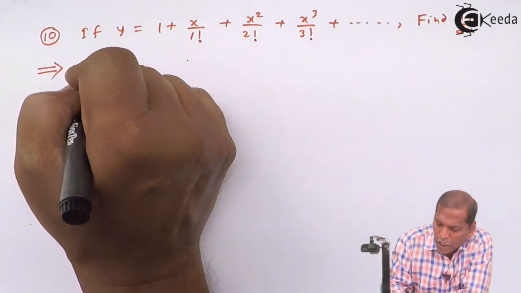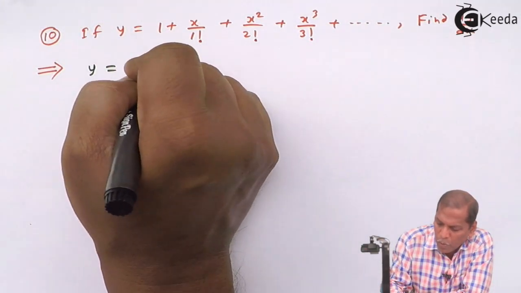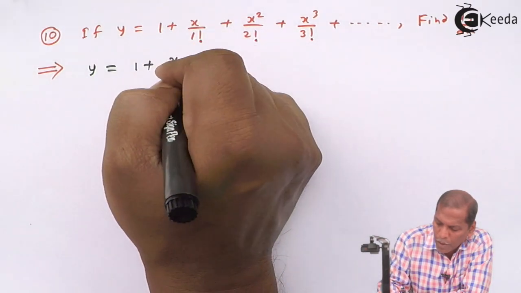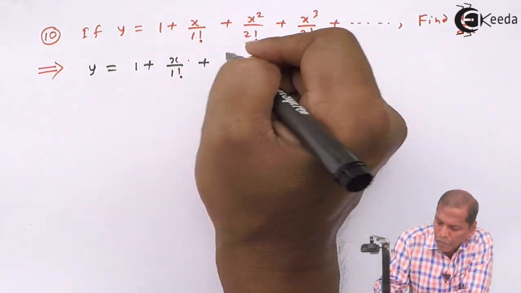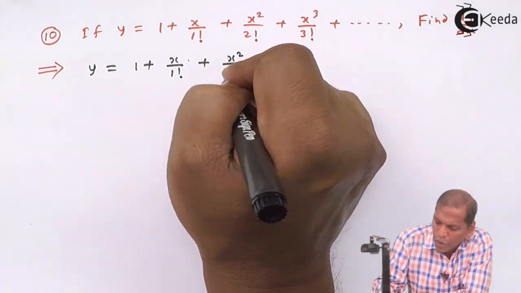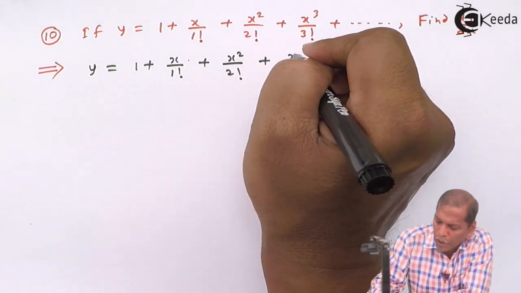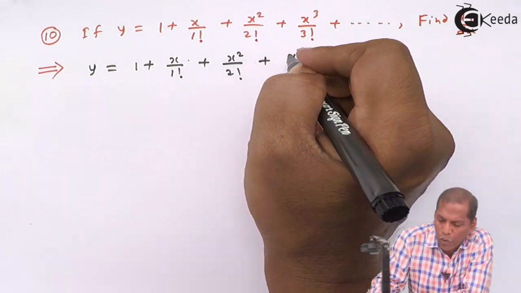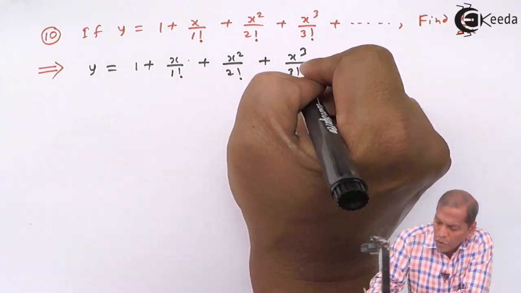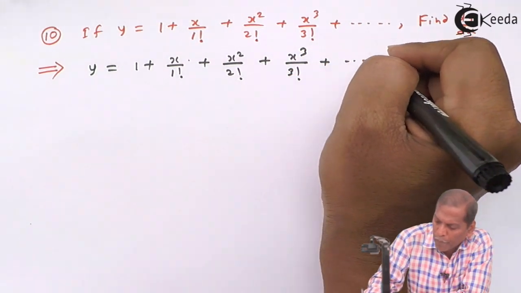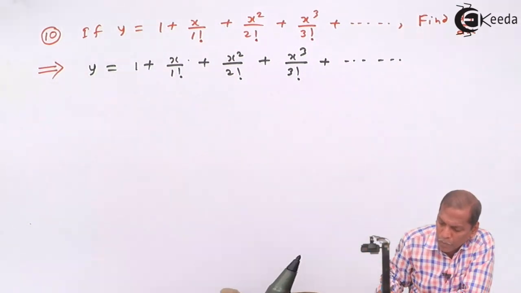First of all, we start with y equals 1 plus x upon 1 factorial plus x square upon 2 factorial plus x cube upon 3 factorial and plus so on.